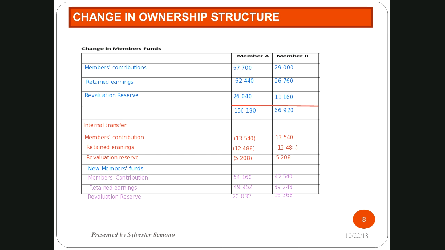Now we can find the totals for each and put them in line with the new members fund. So let's add the total for members contribution, retained earnings, and reserves for member A. 12,494. Let's find B's total, please.